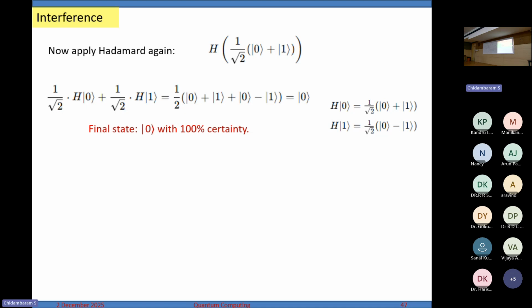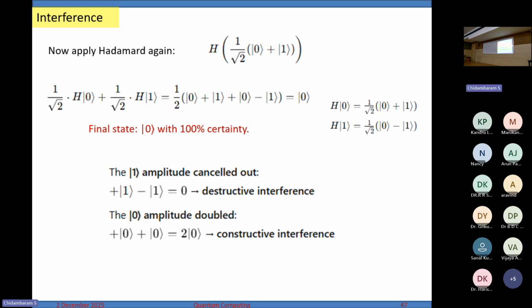Apply Hadamard over 1. What I get is 1 by root 2 ket 0 minus ket 1. This one, right? Again apply Hadamard. What do you get?